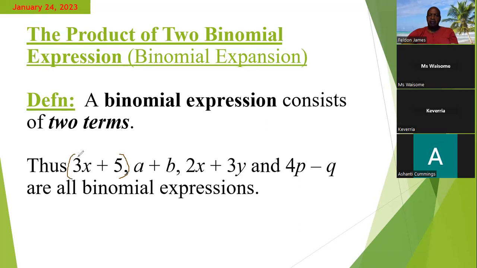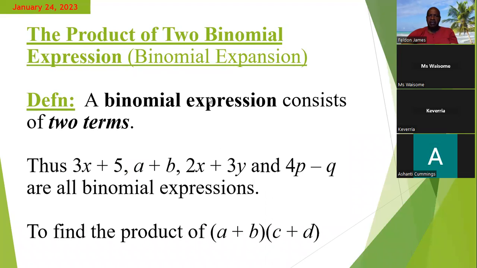So a bracketed expression is treated as a single unit. So this is one binomial expression bracketed, and you can bracket this one, and then by multiplying the two together, you will be finding their product, right? So when we say the product of binomial expressions, it means that we have one bracketed binomial multiplied by another bracketed binomial.